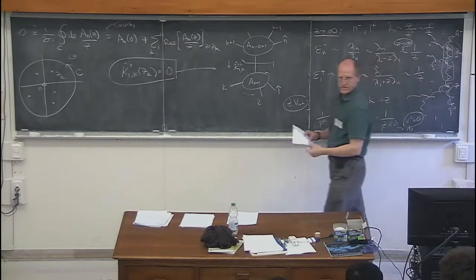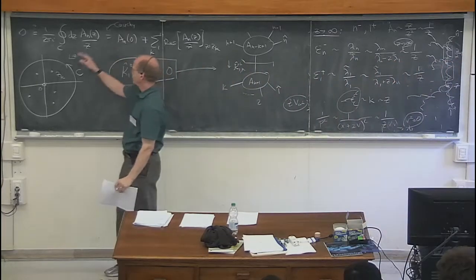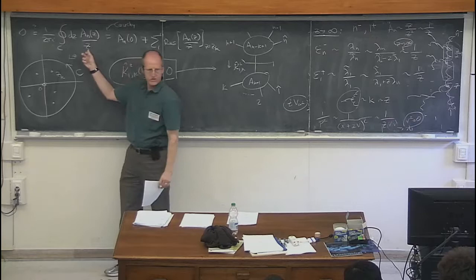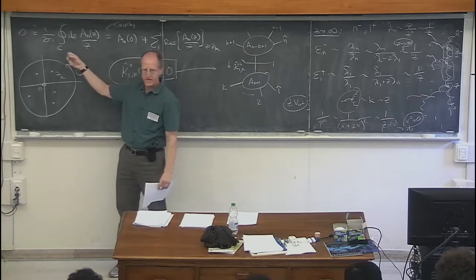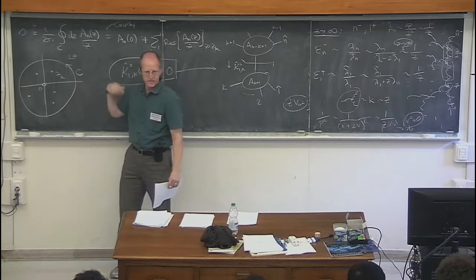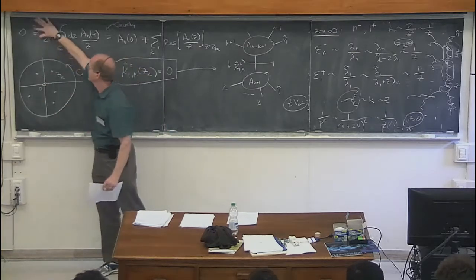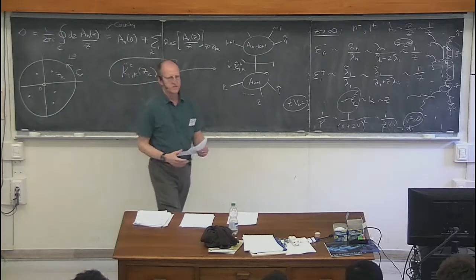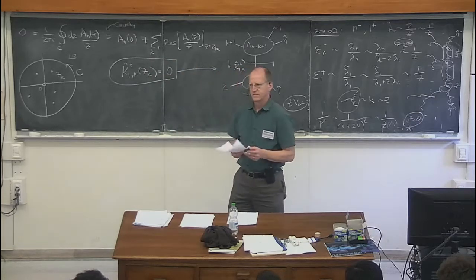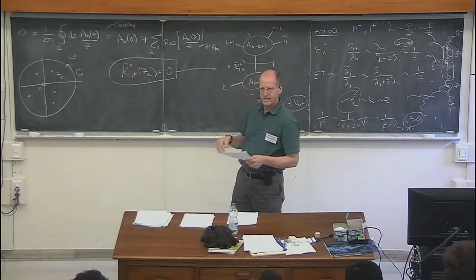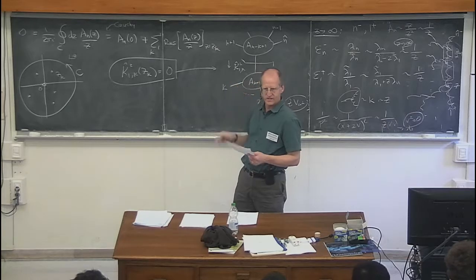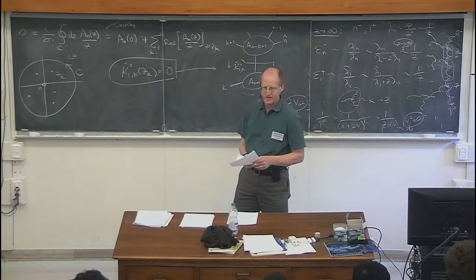So if A goes like 1 over z at large z, and I have an extra 1 over z from here, I have dz over z squared, and that converges at infinity, and I get the 0, so I get to take away this question mark. So that's the one helicity case, for gluons only, that you can prove directly using Feynman diagrams.